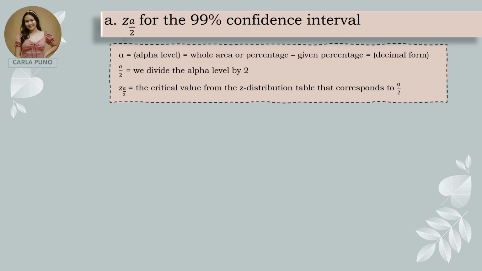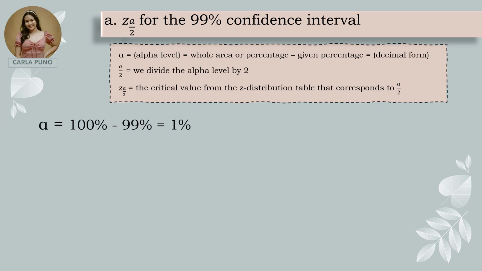And Z sub alpha divided by 2 is the critical value from the Z distribution table that corresponds to alpha divided by 2. First, we need to find the Z sub alpha divided by 2 for the 99% confidence interval.